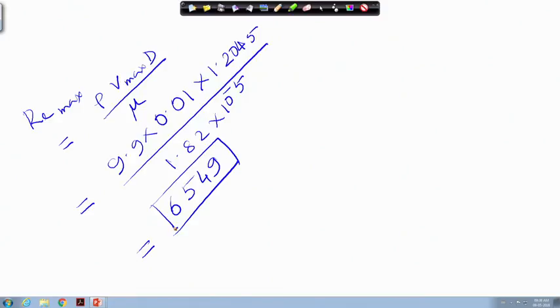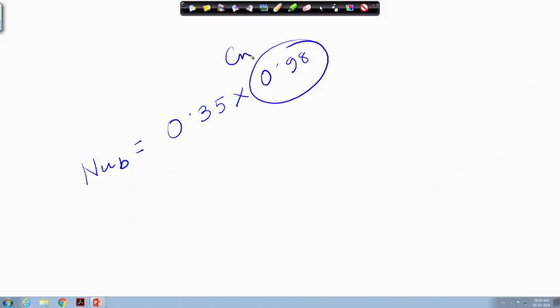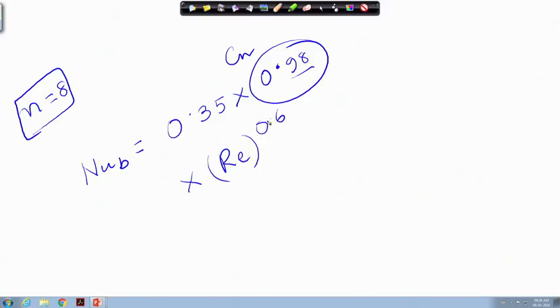If you go back, you will find the appropriate correlation for this condition, and you will find that the Nusselt number equals 0.35 into 0.98. 0.98 is coming for Cn, because we have n equal to 8, and corresponding to n equal to 8, we look into that chart and there we have the correction factor 0.98. Then we have Re to the power 0.6, corresponding to Re equal to 6549.